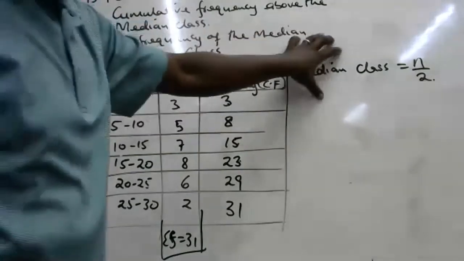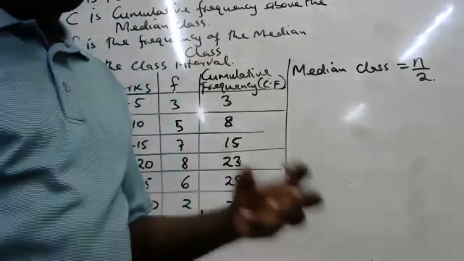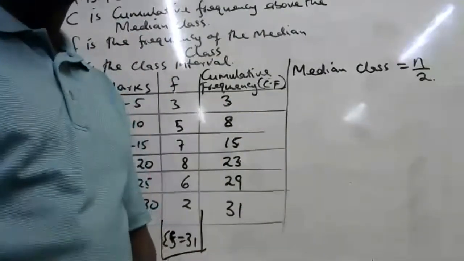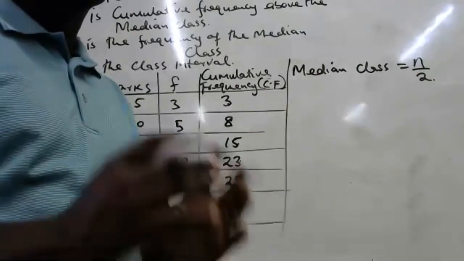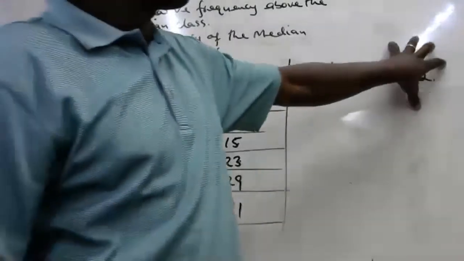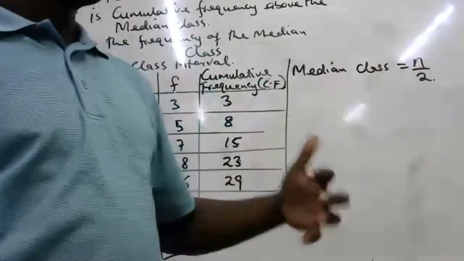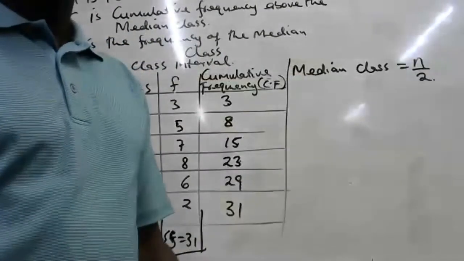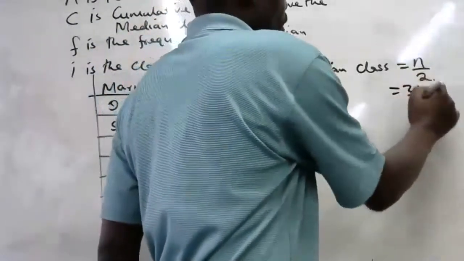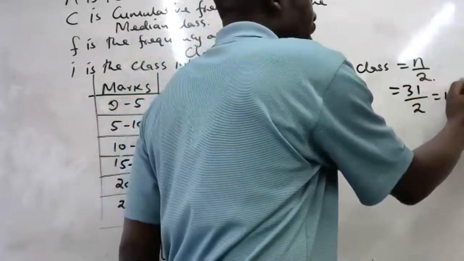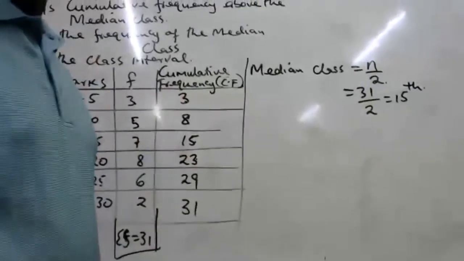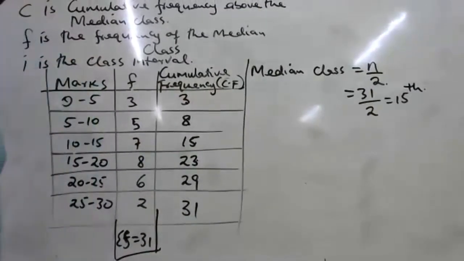So when we are talking about the median class here, we mean the class where the student with the median mark is going to be. Remember, the median is the middle position, and the middle position is found by taking the total divided by 2. In this case, because we had 31 students, if we divide by 2, the 15th student has our median mark.